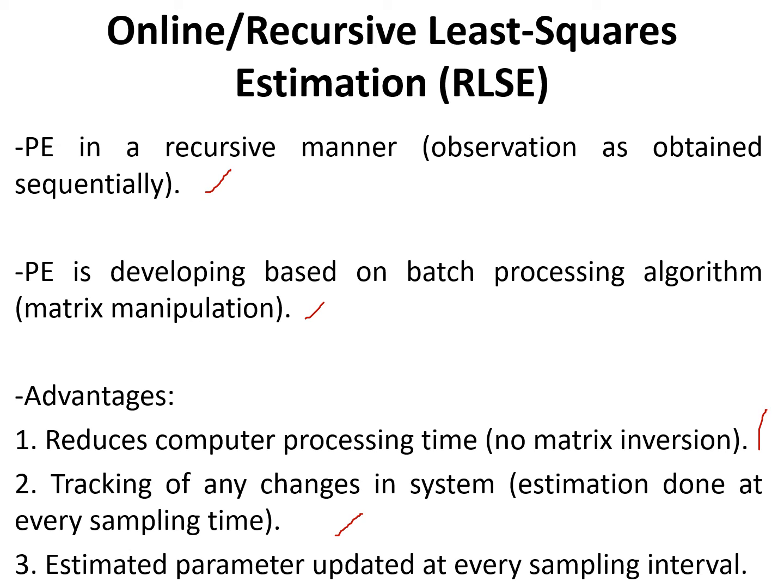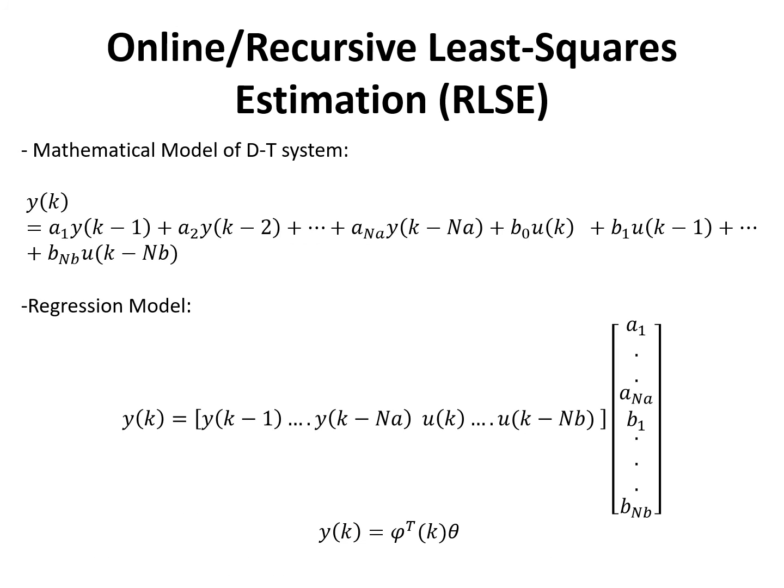RLS can be used to estimate parameters of a transfer function in an online manner where the estimated parameters are updated at every sampling interval. Consider a discrete time DT system in the form that can be written in the regression model.